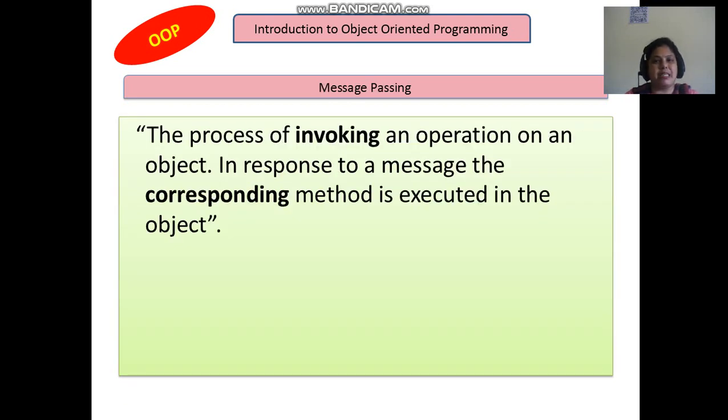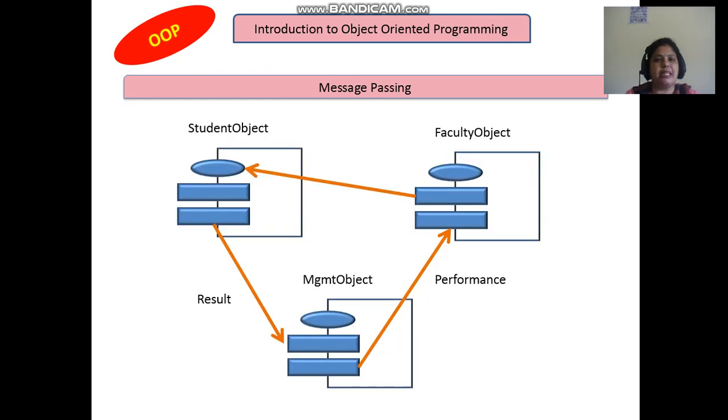Next we have message passing as a concept of OOP, where you are invoking an operation of an object. An object will call another object, and they will correspond through message passing. For example, a faculty can pass a message to an object.